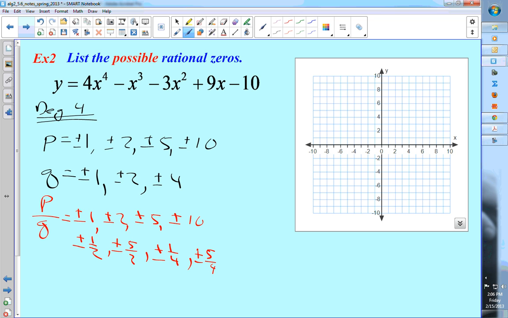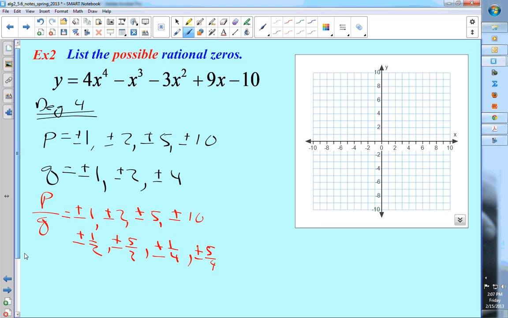But 10 over 4 is the same as 5 halves. It's still not a very fun list. That's a lot of numbers, 16 of them. And this time you need to find 2 of your zeros, not just 1. And how you find the second one is very important.